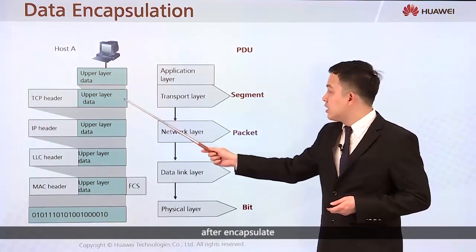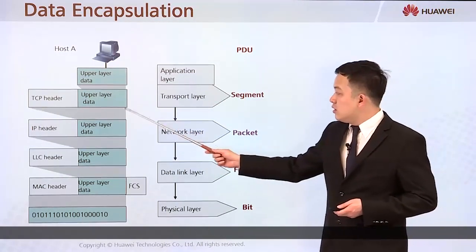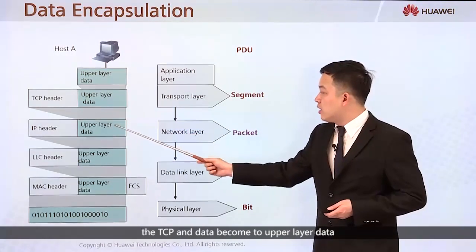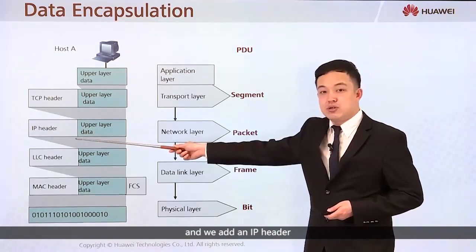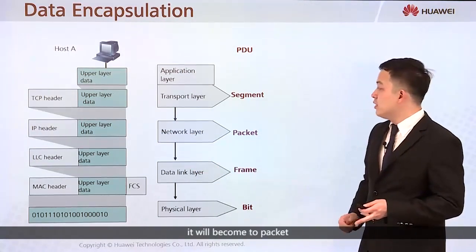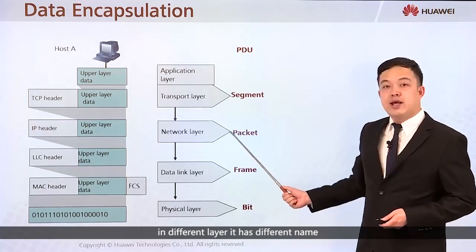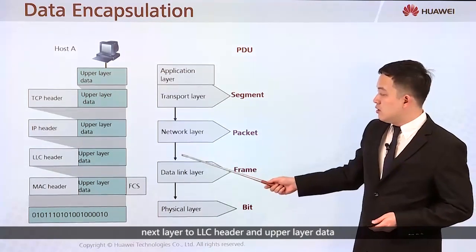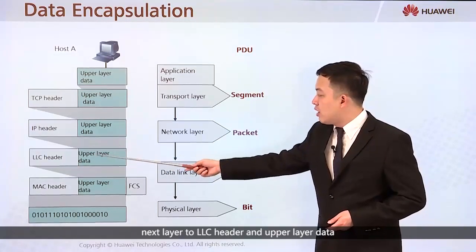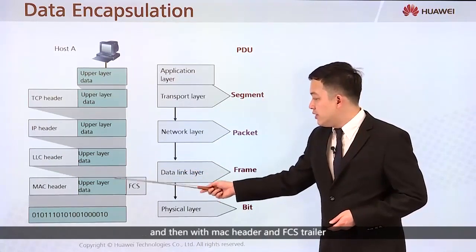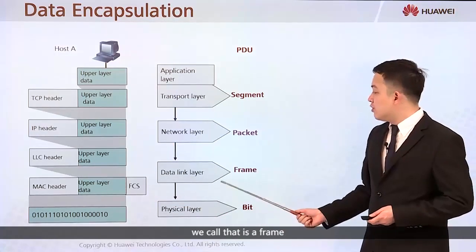Okay, after encapsulation, it will be processed in another layer, the network layer. The TCP header and data become the upper layer data, and we add an IP header before it. It becomes a packet. In different layers, it has different names. In the next layer, we add the LLC header to the upper layer data, and then with the MAC header and FCS trailer, we call that a frame.